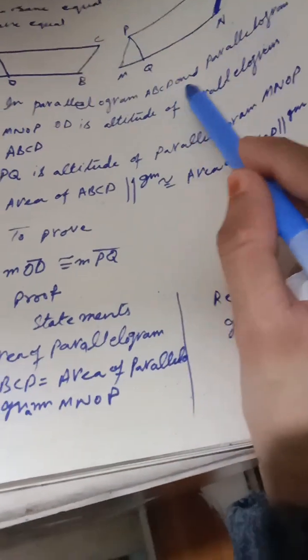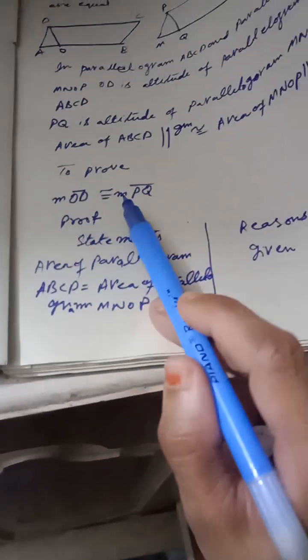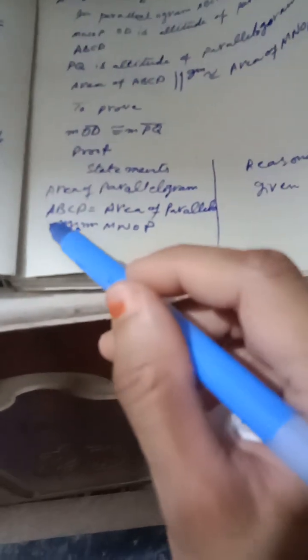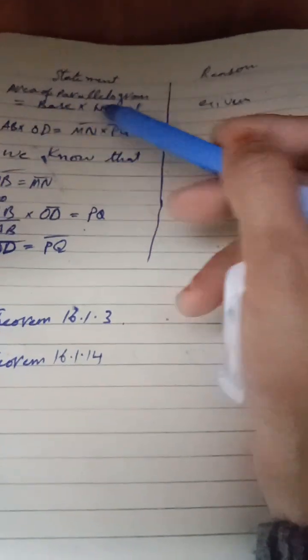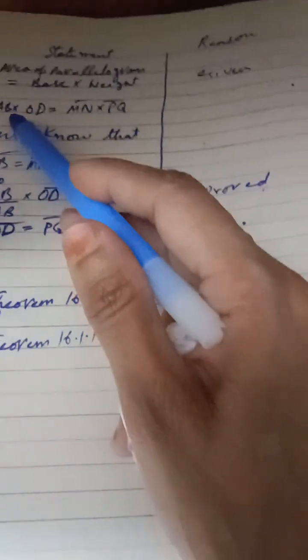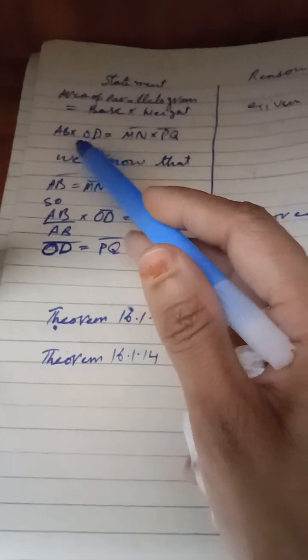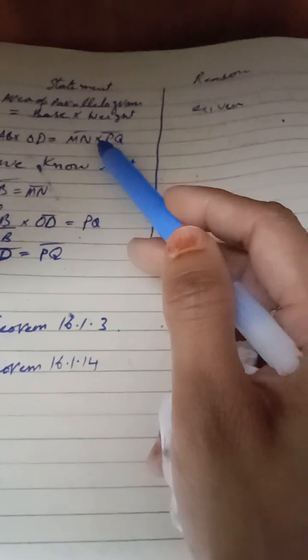So we are proving this for parallelogram ABCD and parallelogram MNOP, two parallelograms given with altitudes PQ and OD. The area of parallelogram ABCD is equal to the area of parallelogram MNOP. To prove: the measurement OD is equal to the measurement PQ. We have to give statements and reasons. Given: area of parallelogram ABCD is equal to area of parallelogram MNOP. Statement: area of a parallelogram is base times height, so AB multiplied by OD, and MN multiplied by PQ. AB, the base, multiplied with its altitude OD, and the MN base multiplied with its altitude PQ.